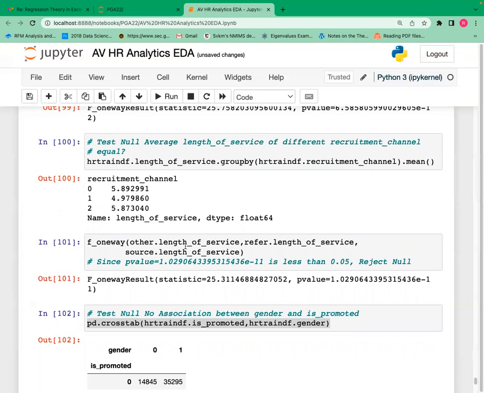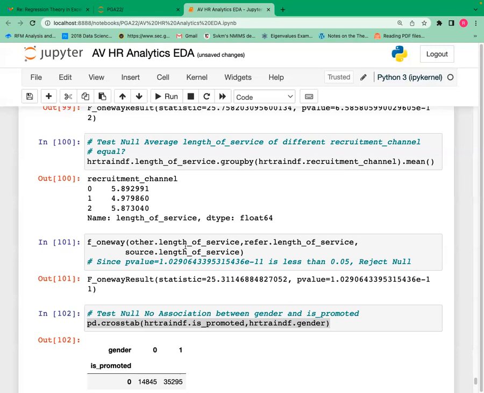That is the ultimate final interpretation. Whichever variable is found significant by rejecting the null hypothesis has an effect on the dependent variable, so you must include it in your model building, like in regression.